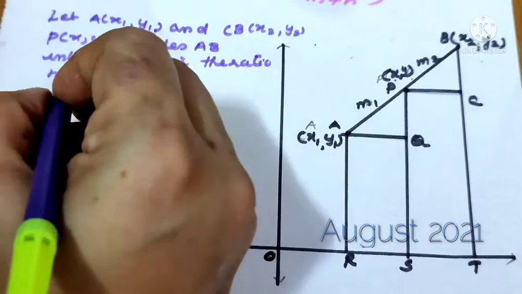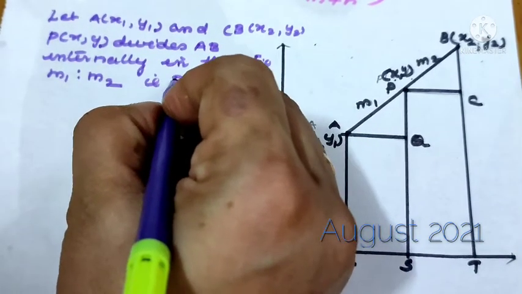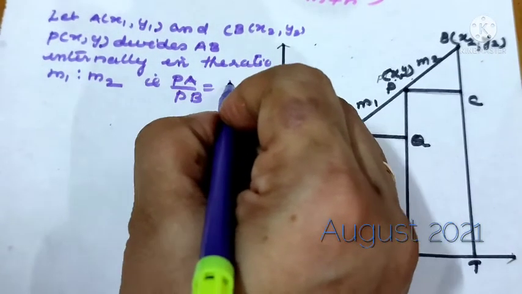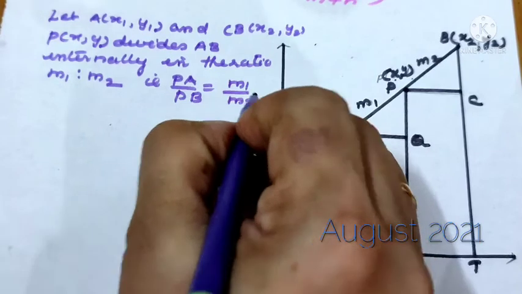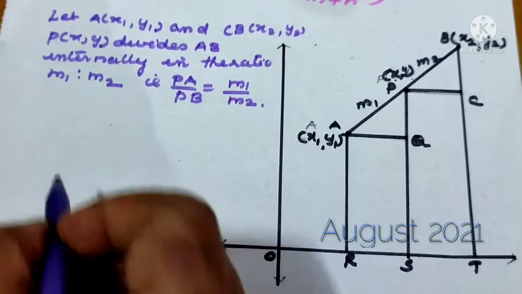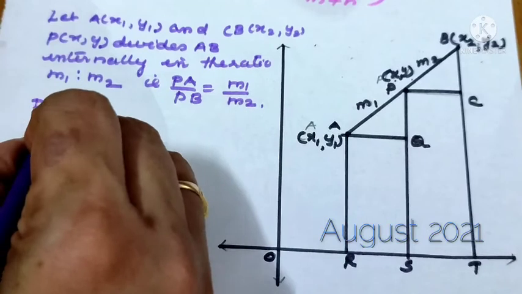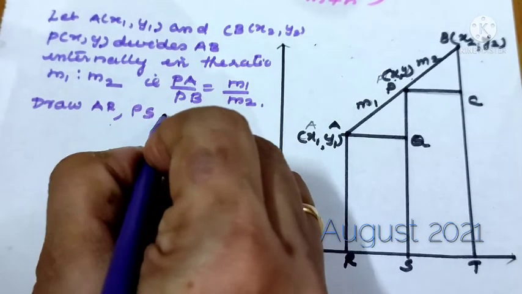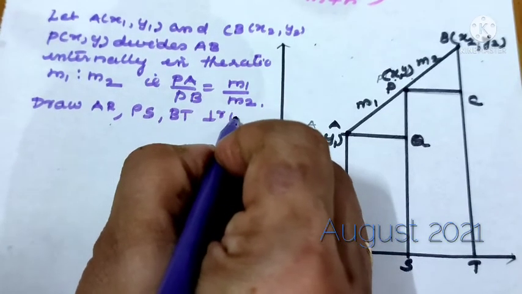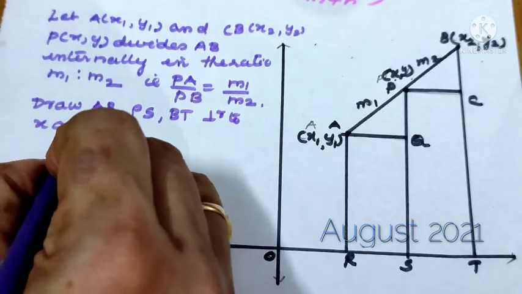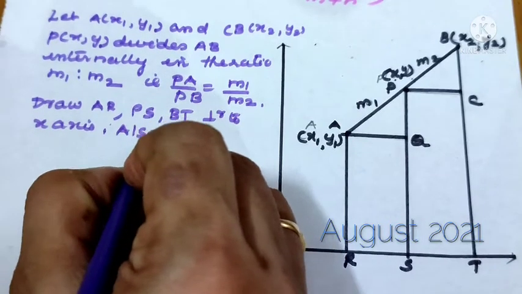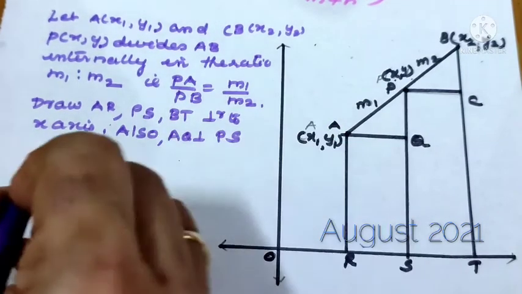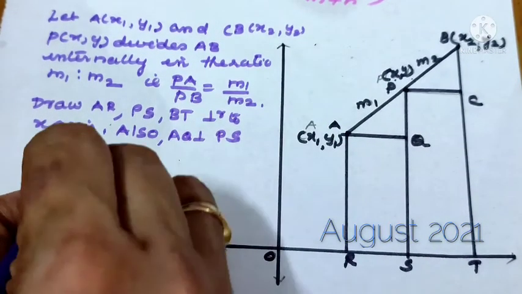Next, PA by PB, if you consider, is equal to m1 by m2. Now what we have done: draw AR, PS, BT perpendicular to x axis. Also AQ perpendicular to PS, PC perpendicular to BT.